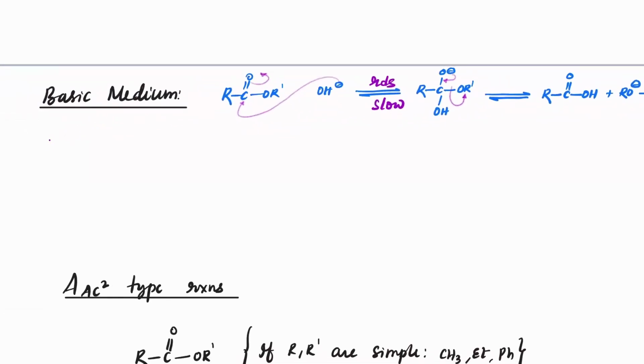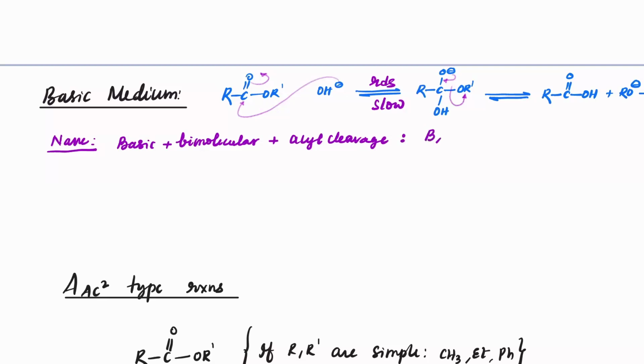If you notice, we have a basic medium used, which is a bimolecular reaction. There are two molecules used during the RDS, and there is an acyl cleavage after that. Okay. So since there is an acyl cleavage here, what do we call this?